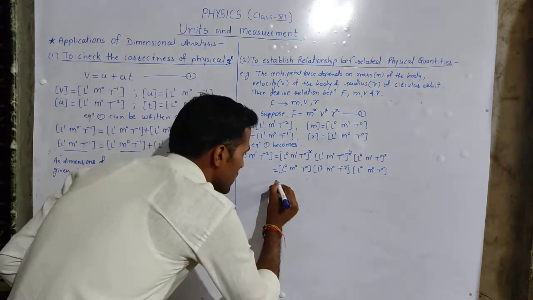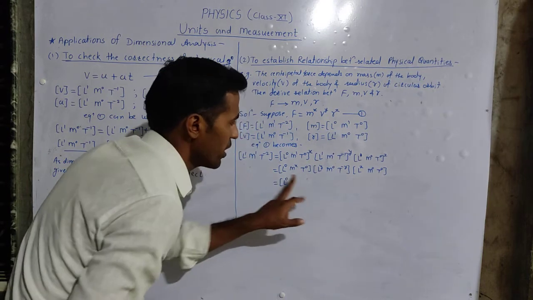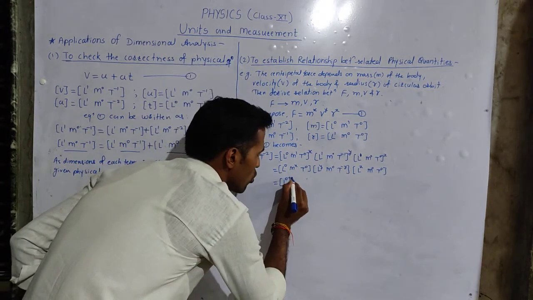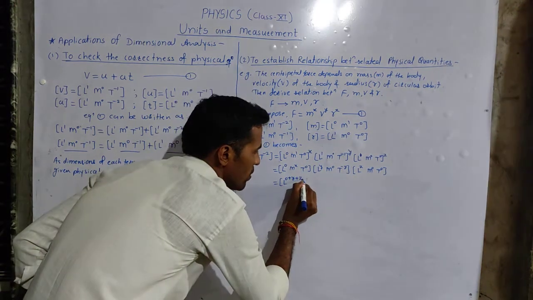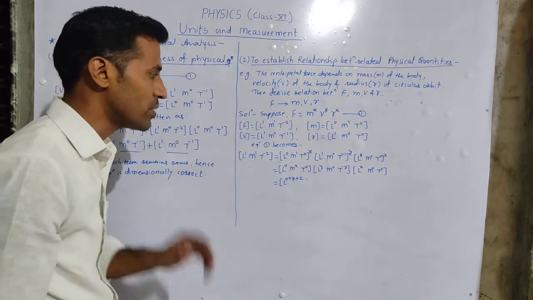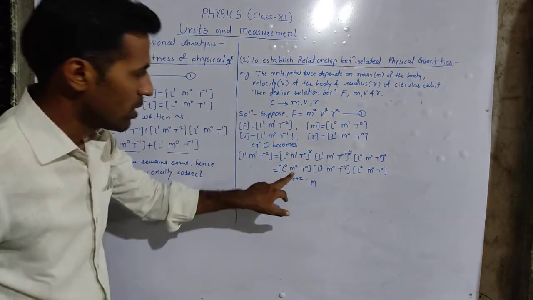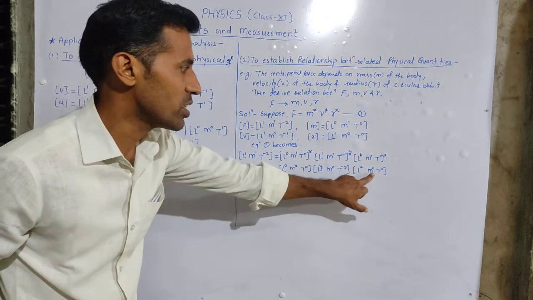So it becomes L to the power 0 here. In the second term power y is there, so 0 plus y, and in the last term power z is there, so 0 plus y plus z. Now powers of mass. In the first term x is there, in the second term 0, in the third term 0.